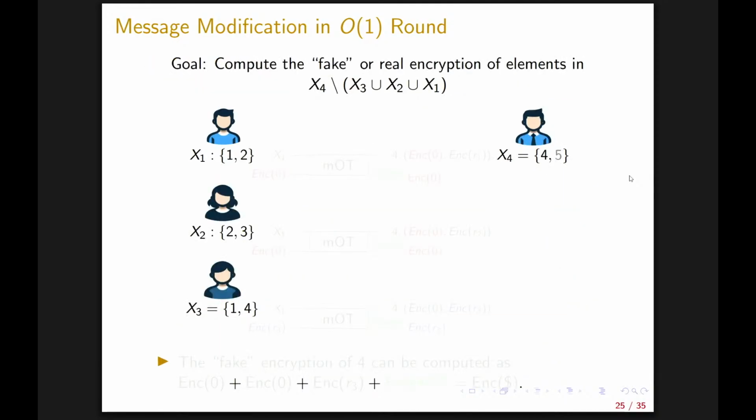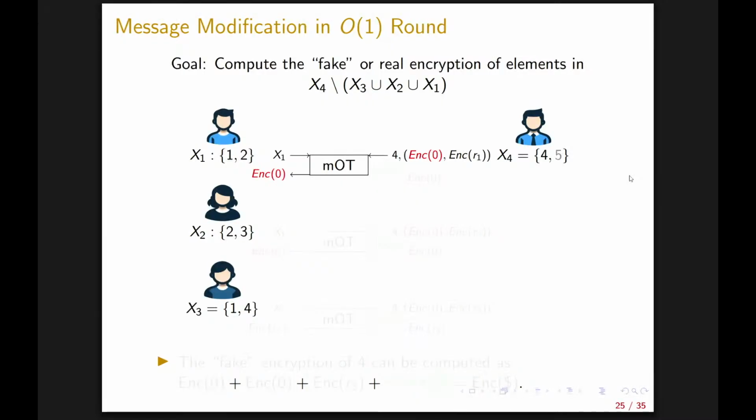In this example, the goal is to compute the real encryption of the item that belongs to X3 and X4, but does not belong to any other party. The protocol works as follows.